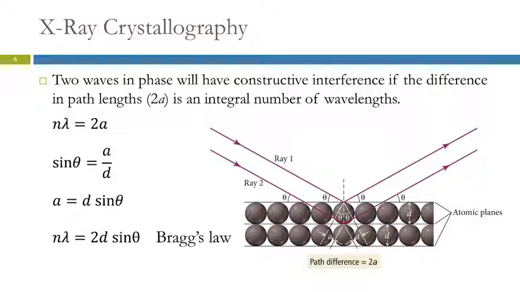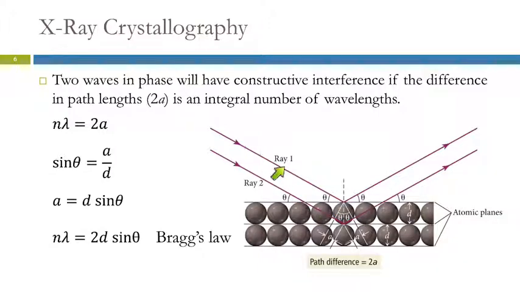So if 2 waves that start out in phase have a difference in path length that's equal to an integral number of wavelengths, they will have constructive interference. They will come out being in phase. So what happens here is you've got these 2 rays. They're from the same source, so they are in phase.